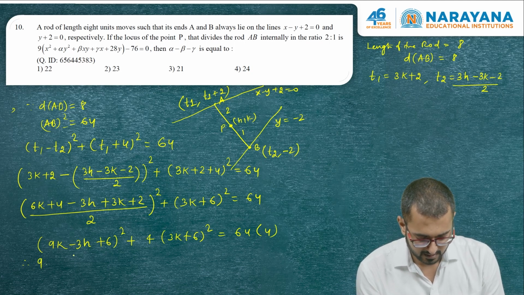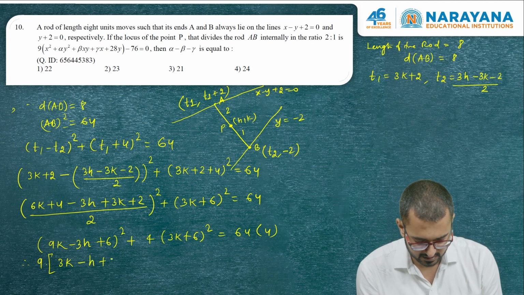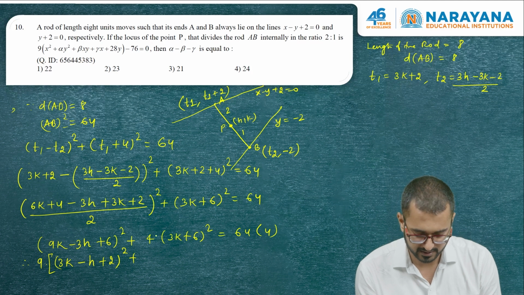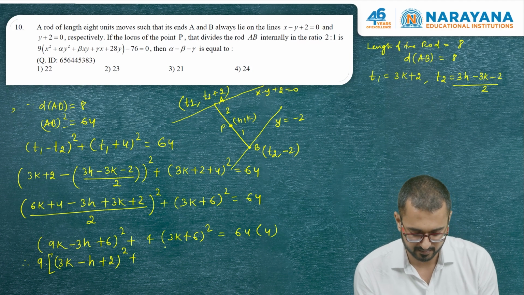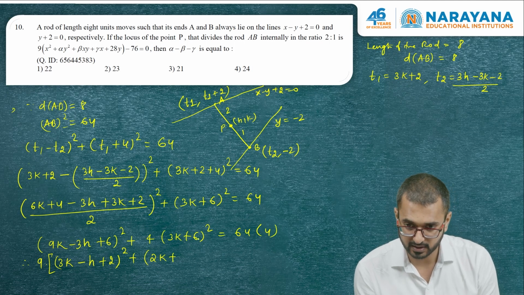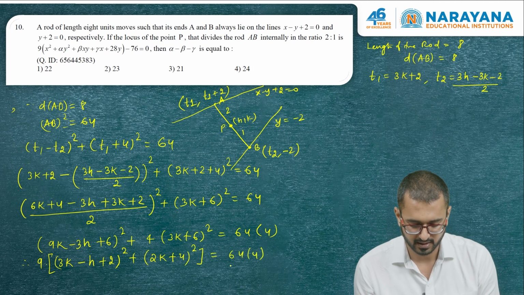So I'll be getting 9 completely outside, and then I'll be getting here 3k minus h plus 2 the whole square plus, here also I'm taking 3 outside completely, and I'll shift 2 inside, so it will become 2k plus 3. I have taken common, so this becomes 2, again one more 2 comes inside, so it will become again 4 square. This will be equal to 64 into 4.